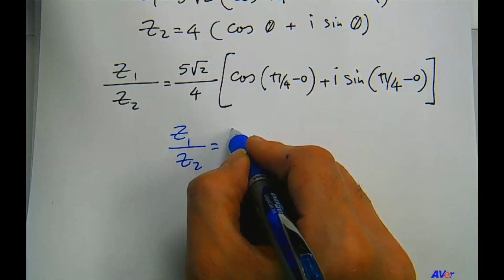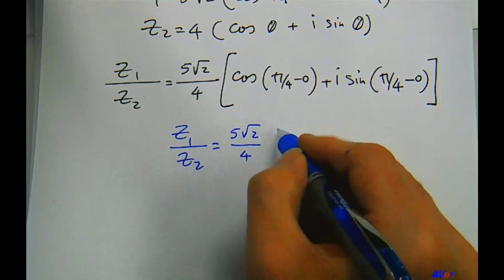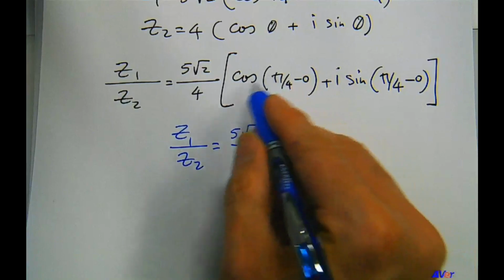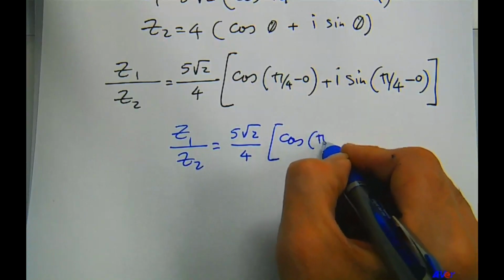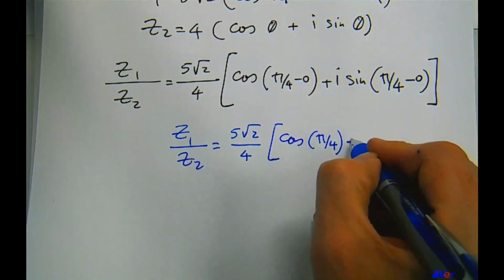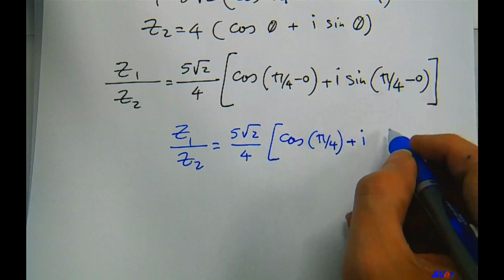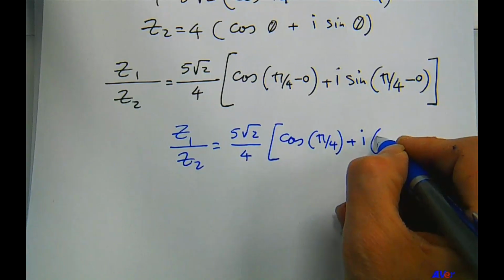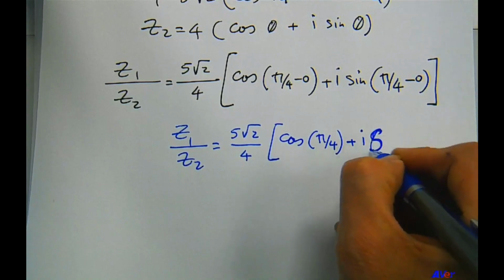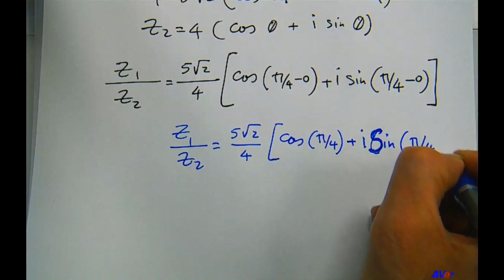So it'll be 5 square root of 2 over 4 times cosine of pi over 4 minus 0, which is cosine of pi over 4, plus i sine of pi over 4.